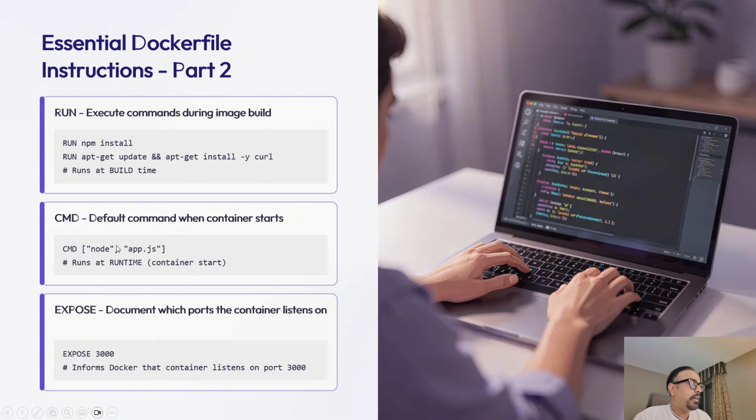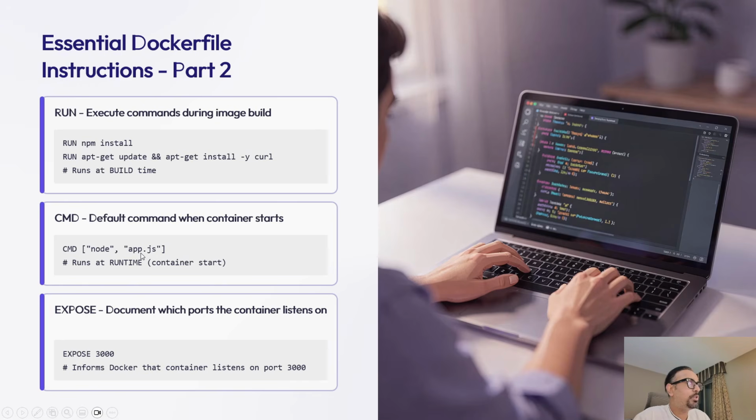Next is CMD. This specifies the default command that runs when a container starts from your image. So there can be only one CMD instruction in your Dockerfile. If your Dockerfile builds a Node.js application, as we have taken in our example, so CMD might run node app.js. So this is the command, node app.js, to start your application.